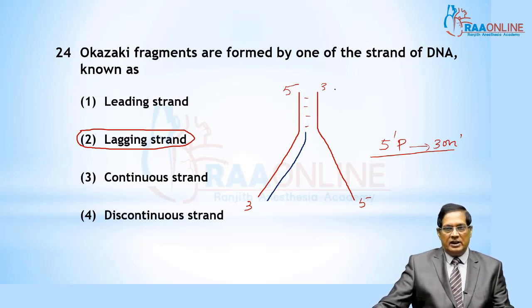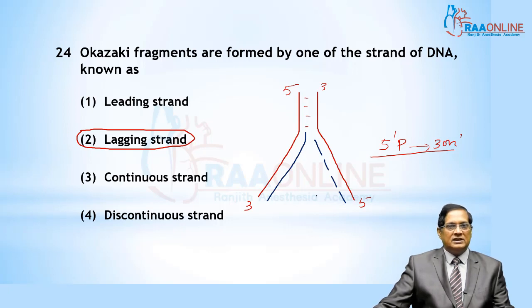And here, to follow the 5 to 3 polarity, the process starts from open areas only, and it is in bits. The activity of RNA primer is more on this other strand.